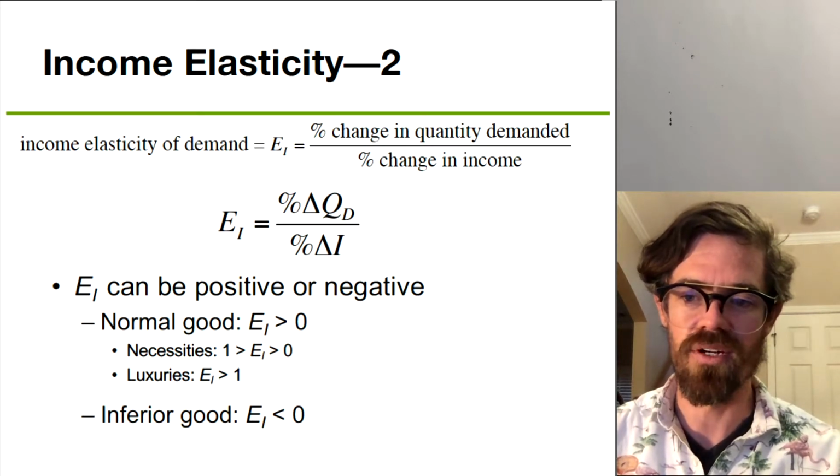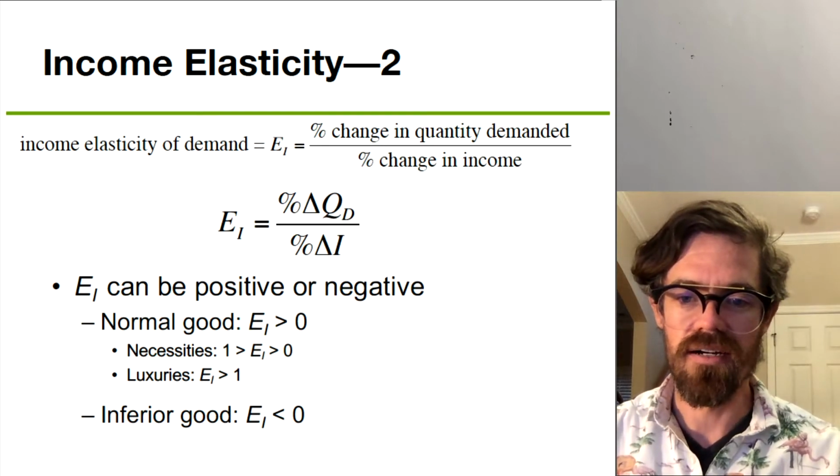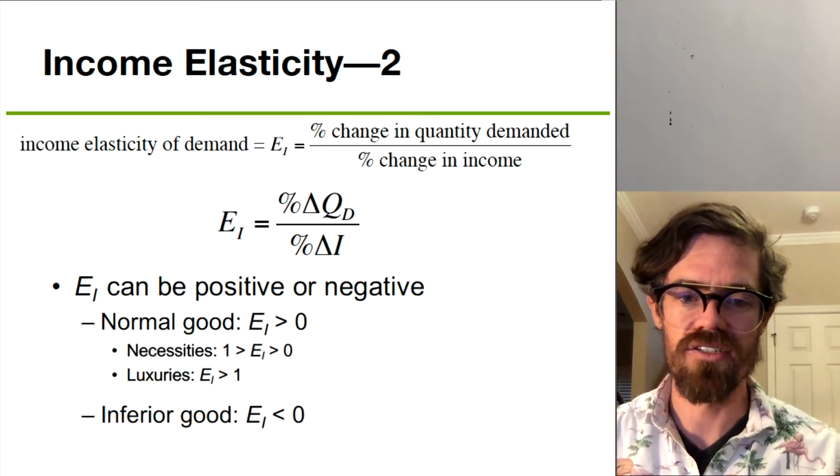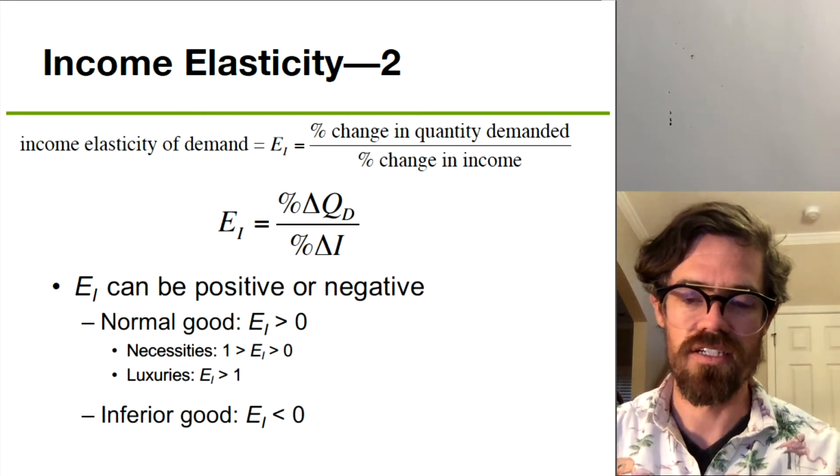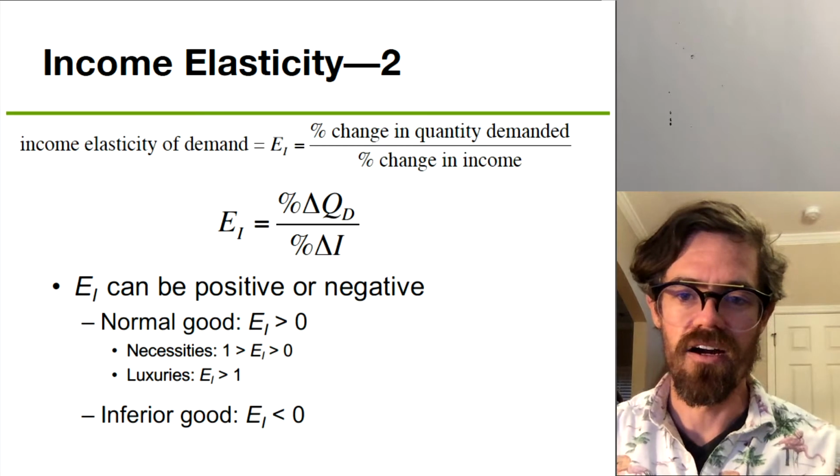This is a bit of a recap, a review. The sign tells us whether the good is a normal good or an inferior good. Recall back to chapter 3 talking about normal goods and inferior goods with regard to income.